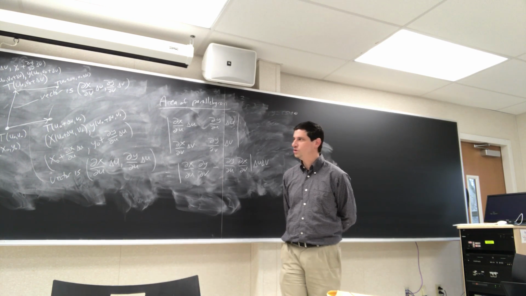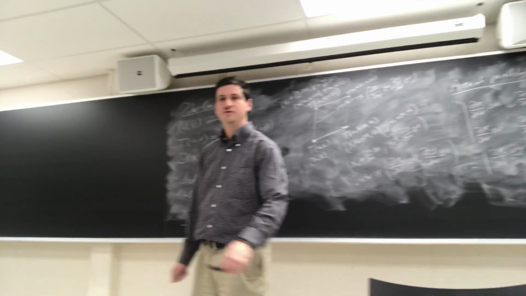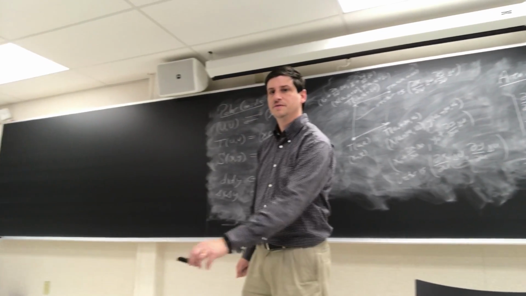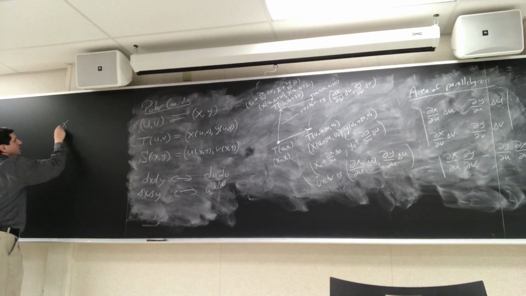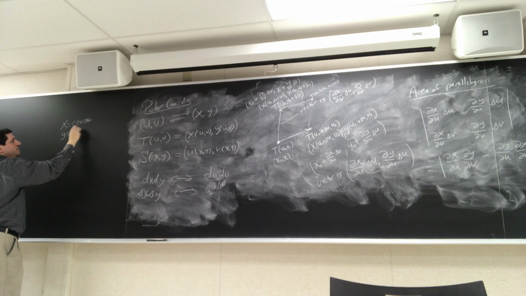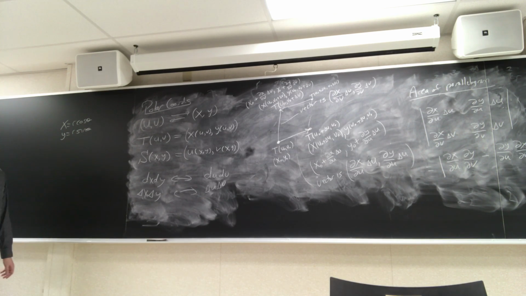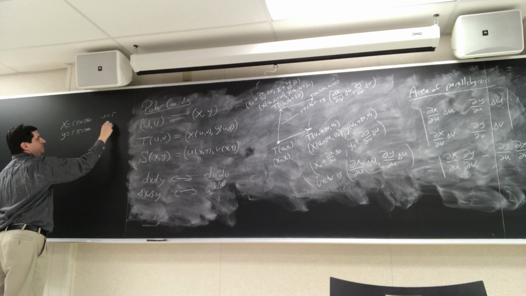Where should we test this? What change of variables? What's the one case we've really covered so far? We've done polar. So we do x is r cosine theta, y is r sine theta. We have to calculate, so basically u will be our r and v will be our theta.